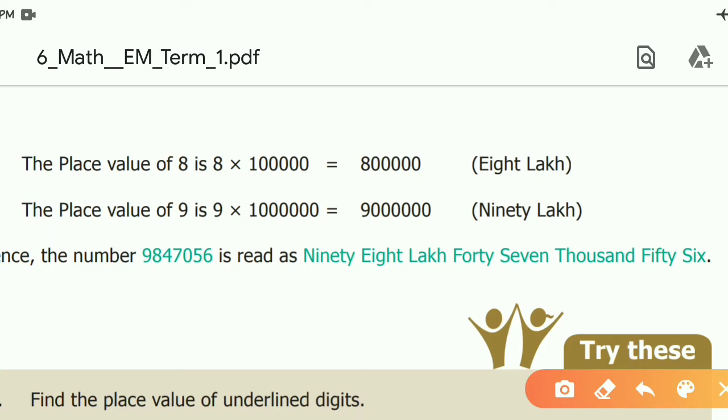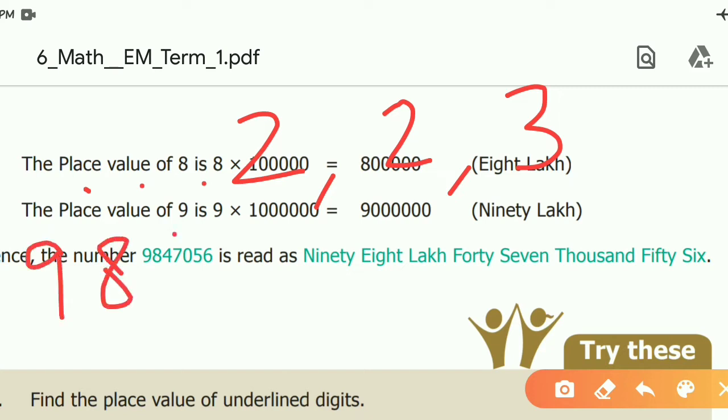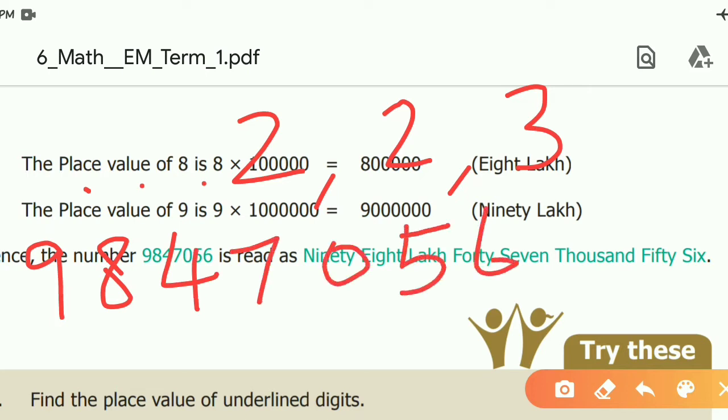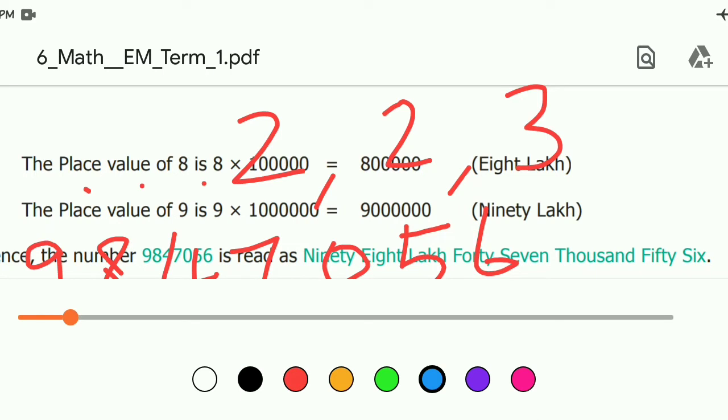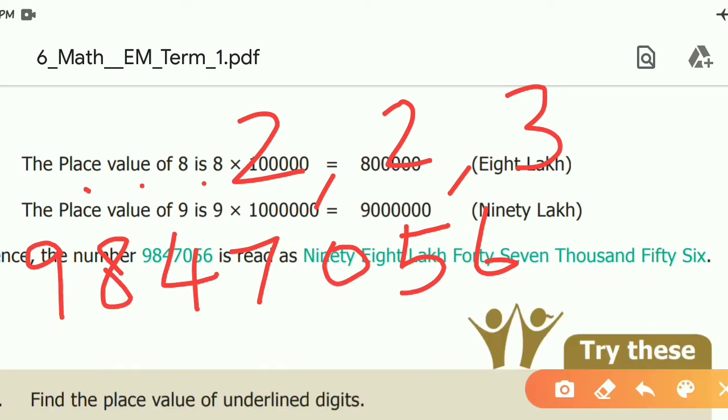In Indian number system, we use commas in the order 3, 2, 2 and etc. Listen, the given number is 9847056. First, you put the comma after ones, tens, hundreds. This is the one group. So here one comma. Next, 1000, 10,000 is another group. So put here one comma. So it is easily able to read the number.